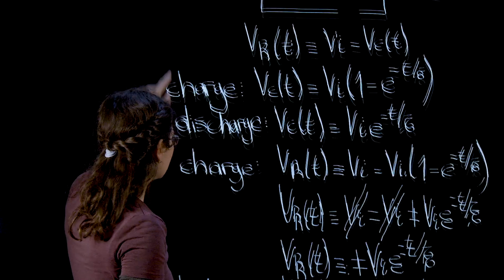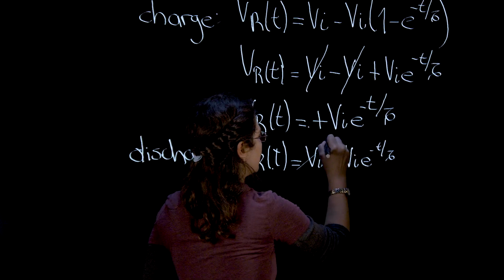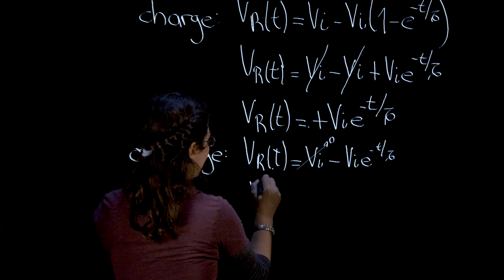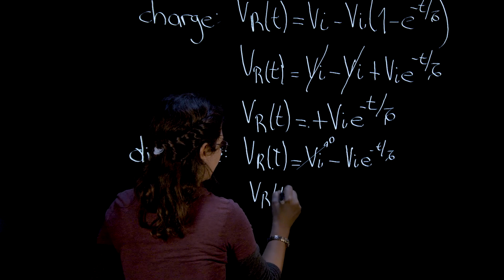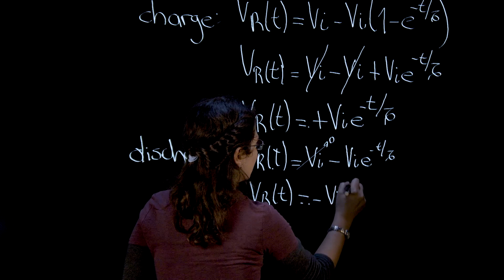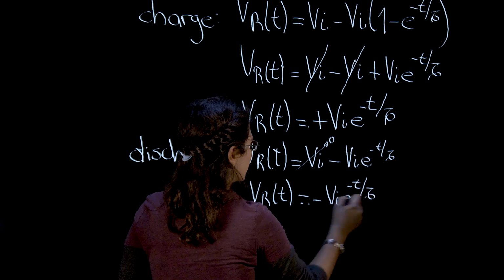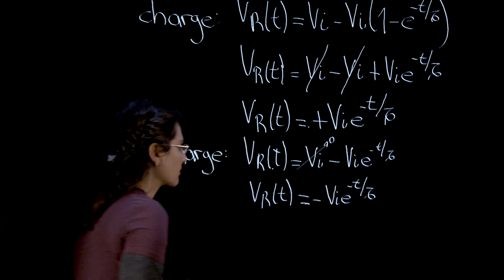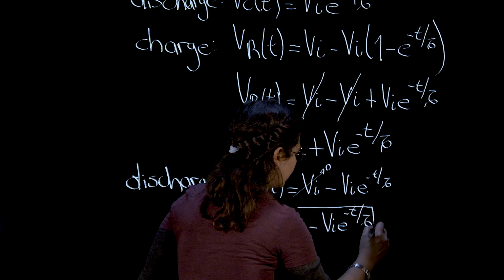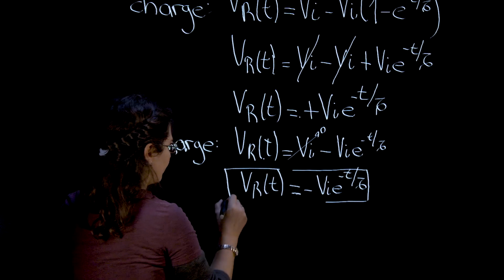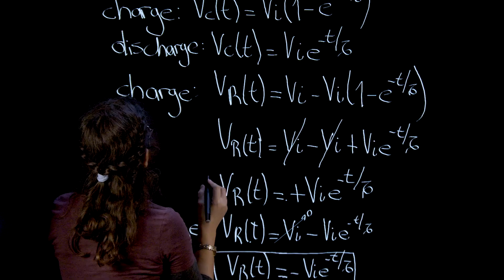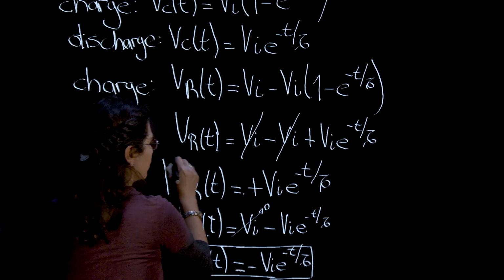So actually, this input voltage from my circuit is 0, and the capacitor voltage stays like it was. So Vr of t equals minus Vi times e to the minus t over tau for the discharge case. And so we have this one for the discharge, and this one for the charge.